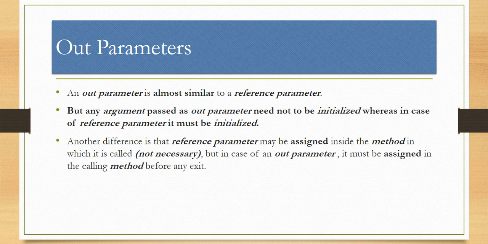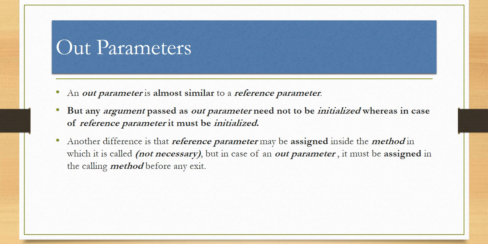Another difference is that a reference parameter may be assigned inside the method in which it's called. That is not necessary, like I said, but in the case of an out parameter, it must be assigned in the called method before any exit. I'll show you that too in the Visual Studio demo.